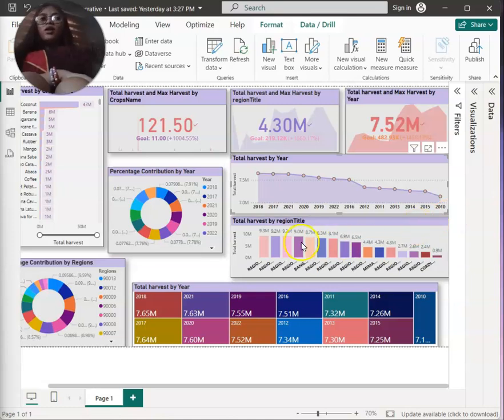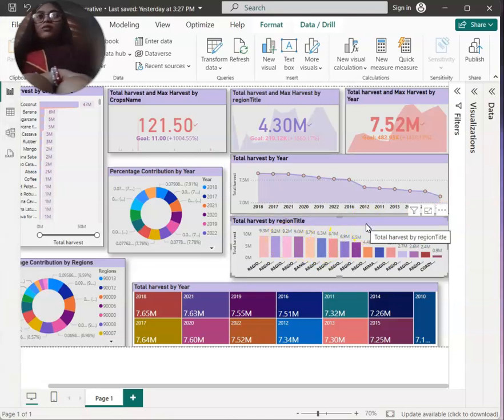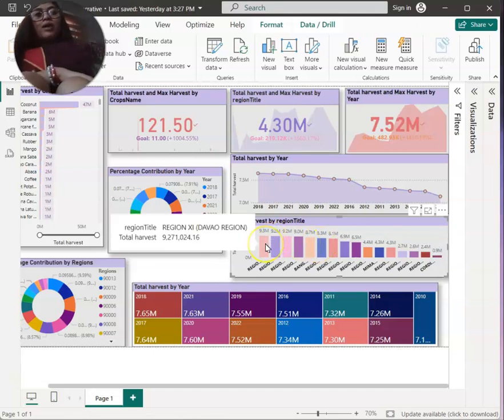As you can see here, this is the total harvest by region. Davao has the number one total harvest, which is 9.3 million.